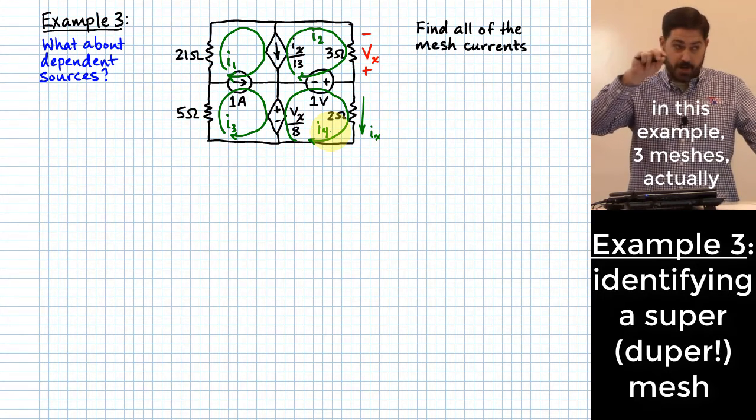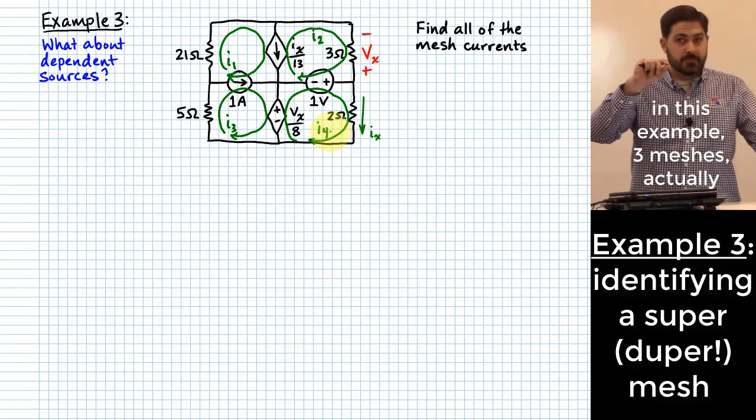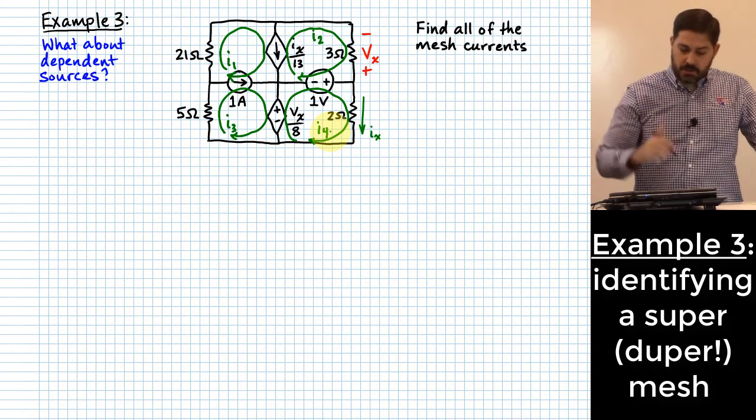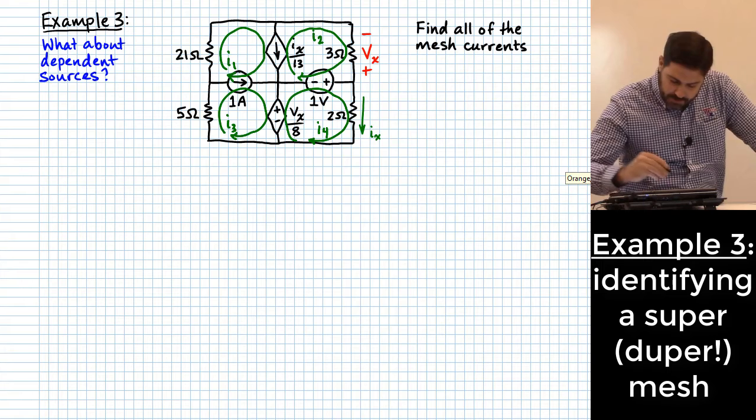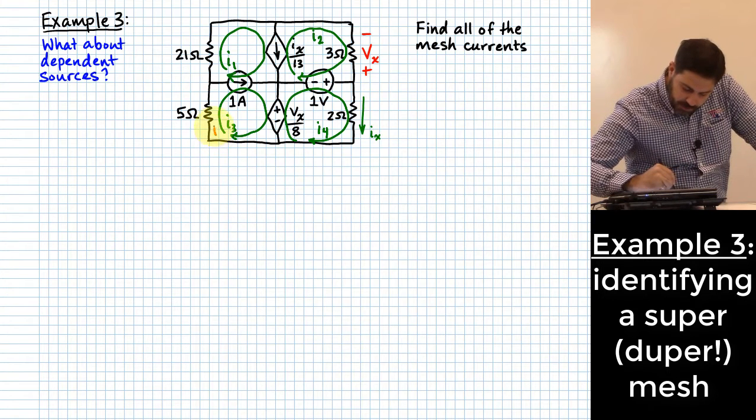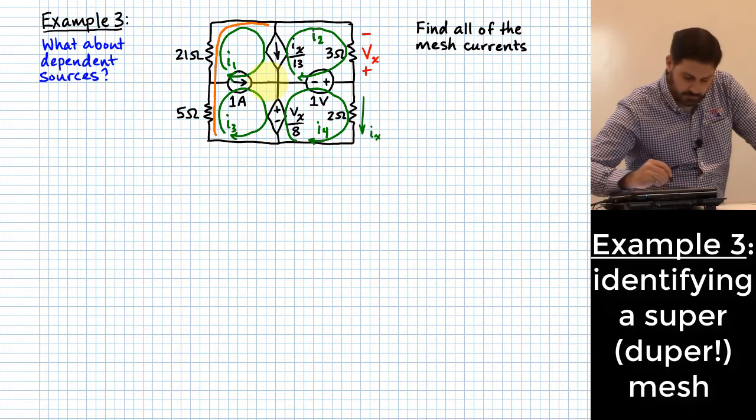You combine those together into one mesh. I would have come up along here. Ordinarily I would have gone through this leg where the current source is, but it's a current source, so I just keep going. I come up through here. Do I go down this spot where I've got this other current source? Nope, I just keep going.